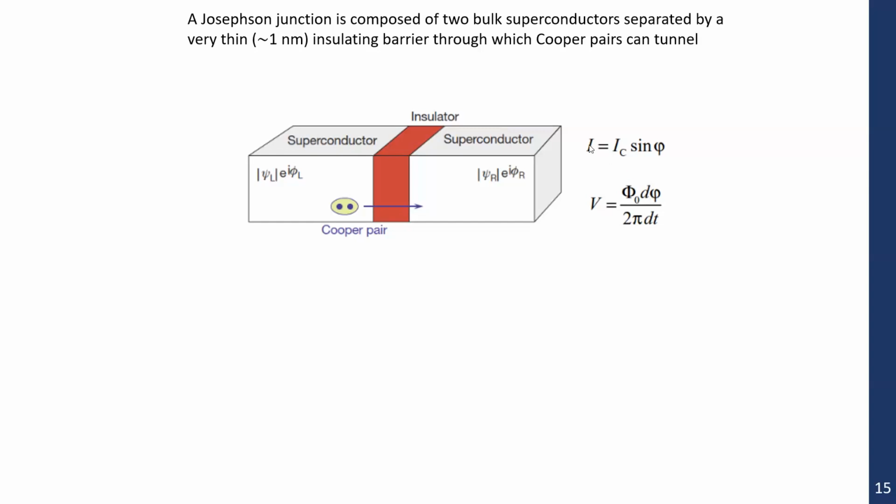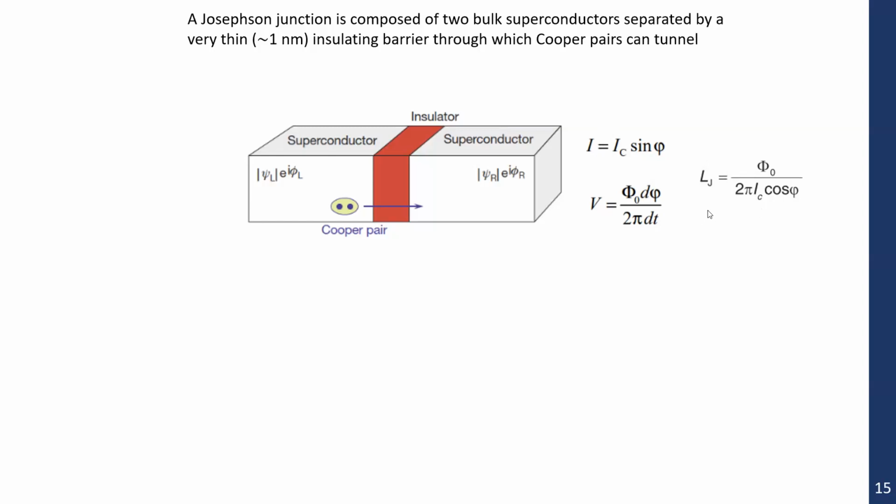If you take the time derivative of the first formula and then substitute, you will get cosine phi times d phi over dt, right? And then if you plug in for d phi over dt from the second one, you will get the formula that connects the voltage and current.